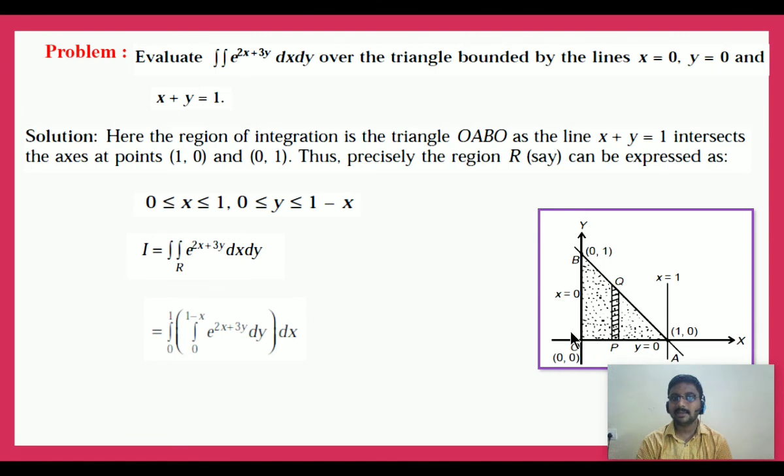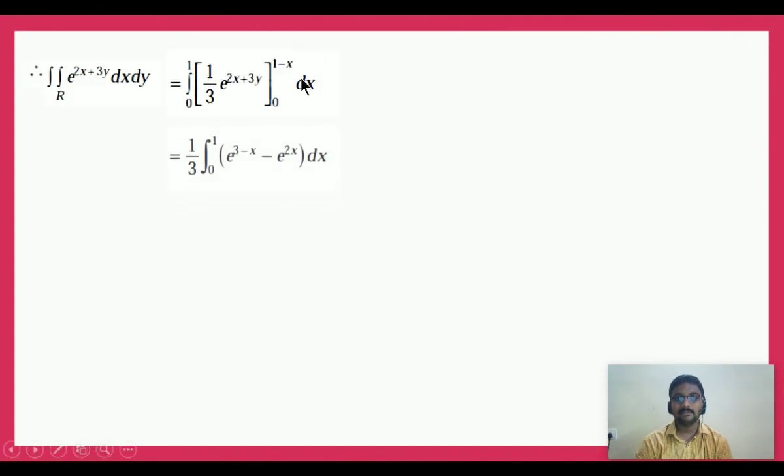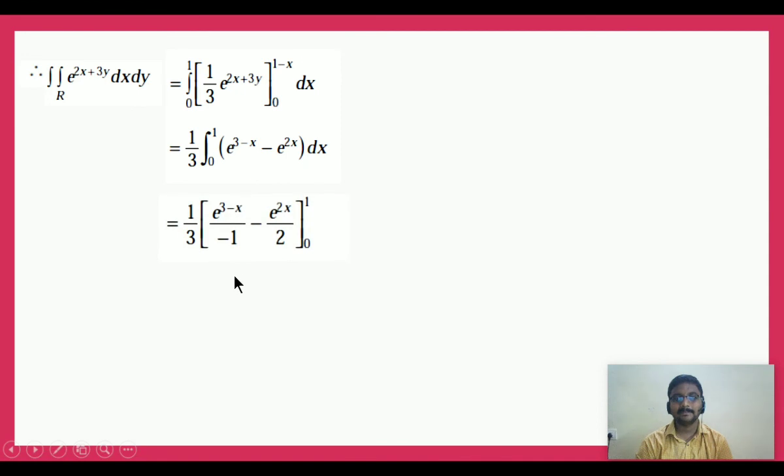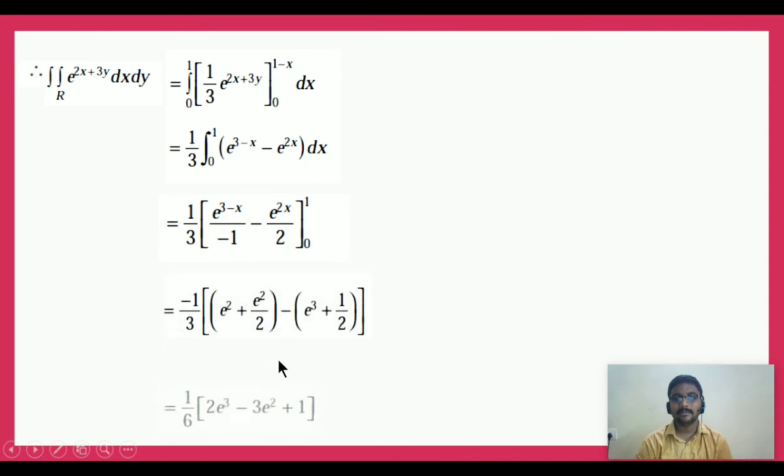The constant limits are obtained by taking the left ordinate and right ordinate. So whenever we have the limits, we can solve the double integration problem easily by reducing the double integration to a single integration, and then integrating.